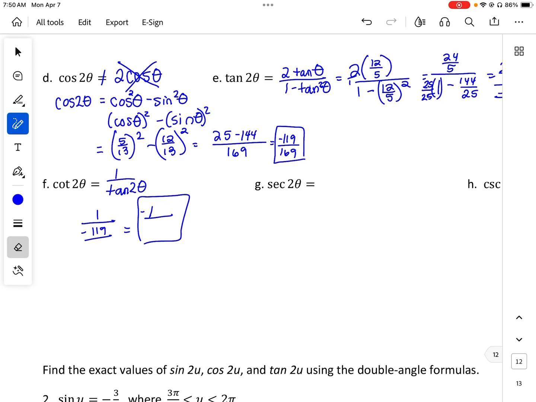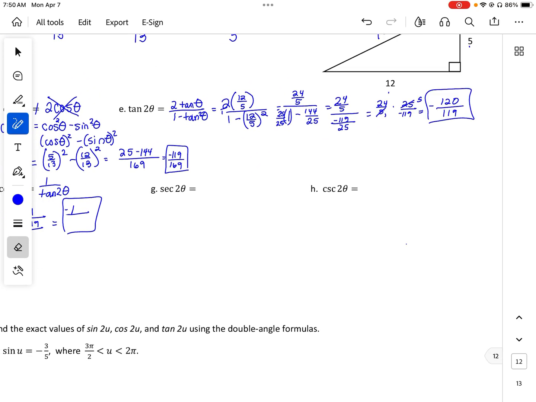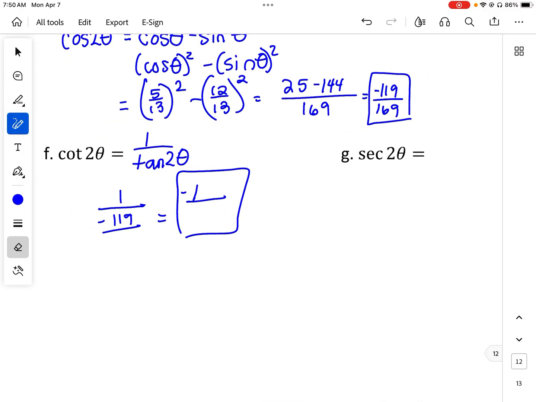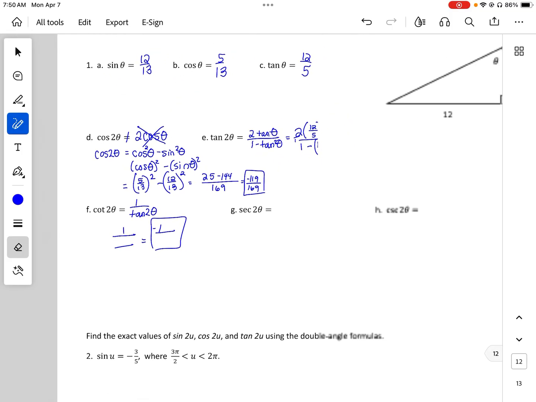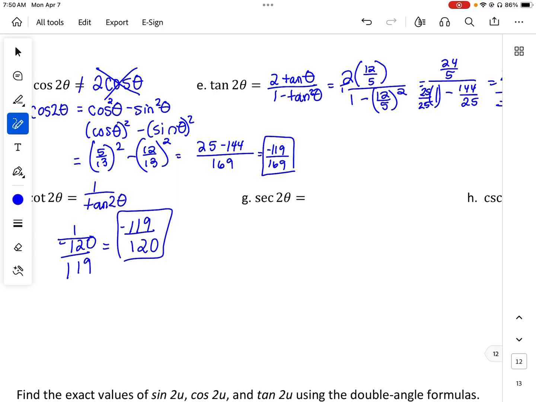No, that'd be 120, sorry. Let's try that again. Let me fix that. I went with the wrong one. So it would be negative 119 over 120. There we go. Don't get in a hurry.